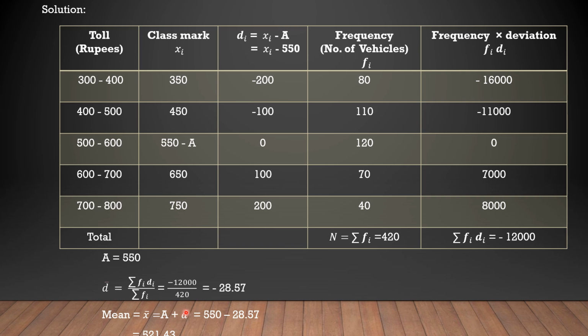So 550 minus 28.57 is equal to 521.43. So the answer is 521.43. The mean is 521.43.